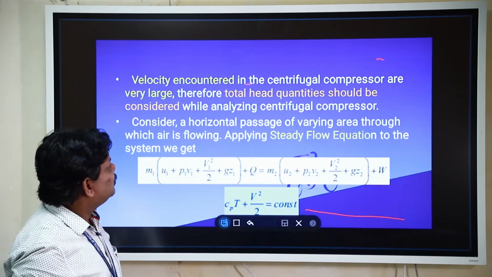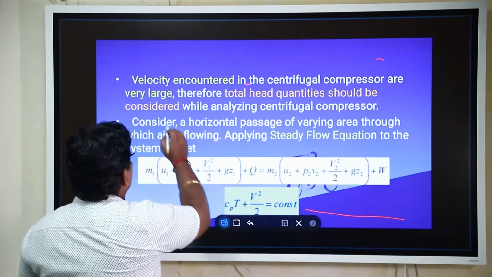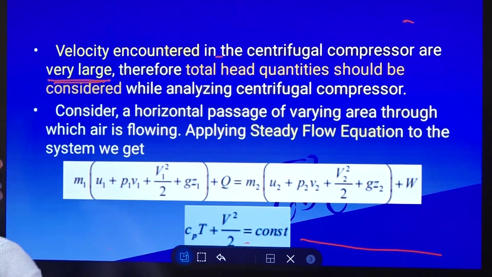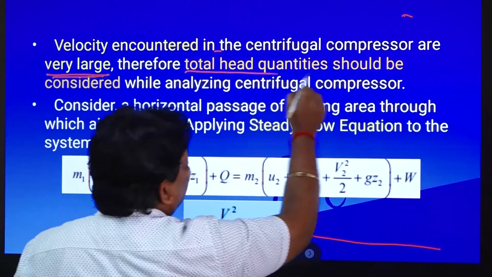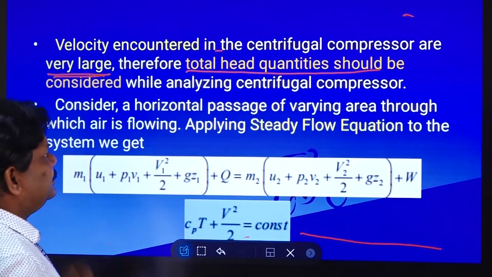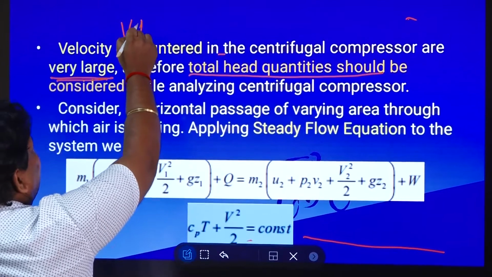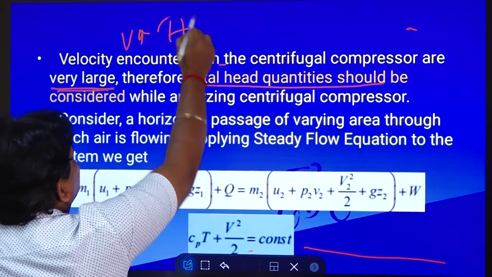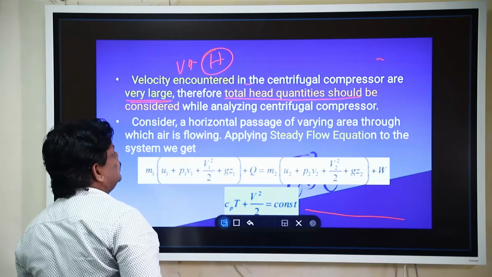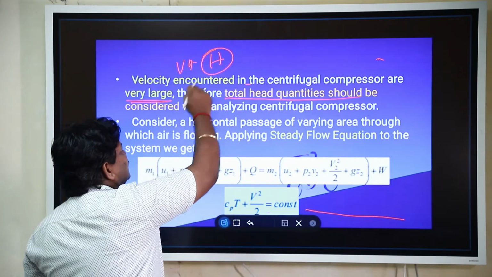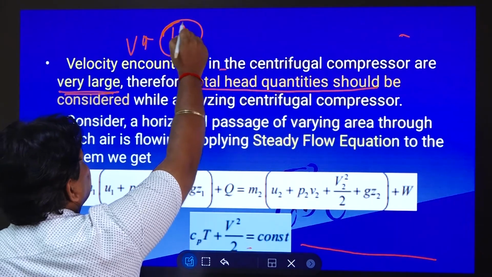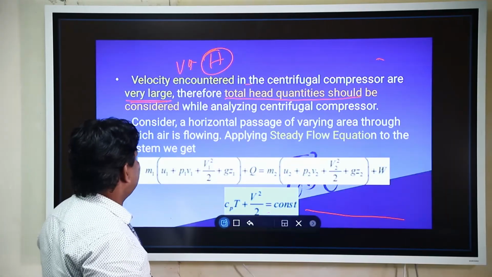The velocities encountered in the centrifugal compressor are very large, so the total head quantities should be considered. Since the value of V is very high, you have to consider the value of H.